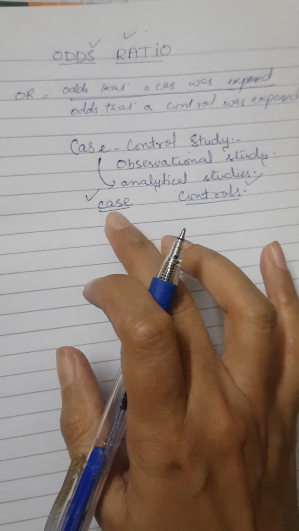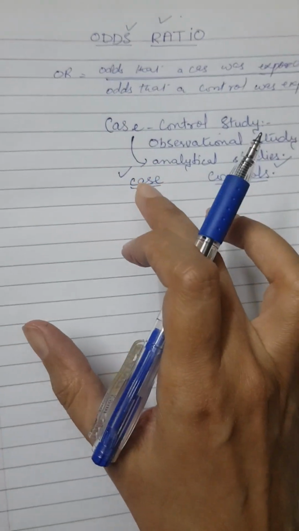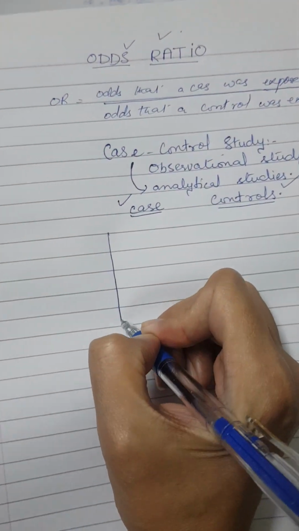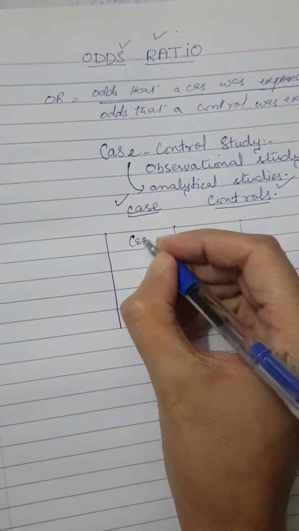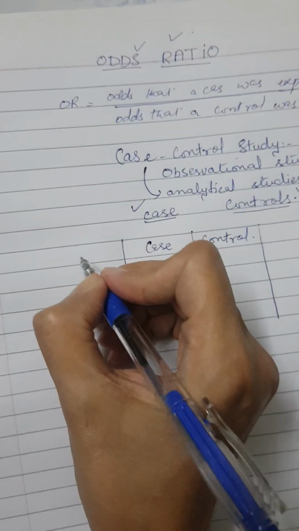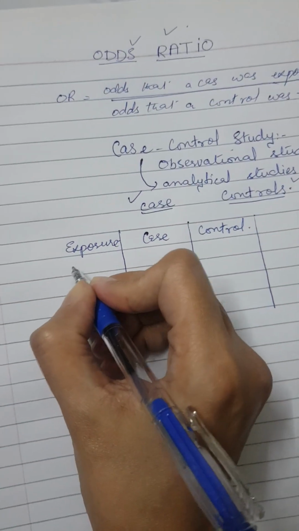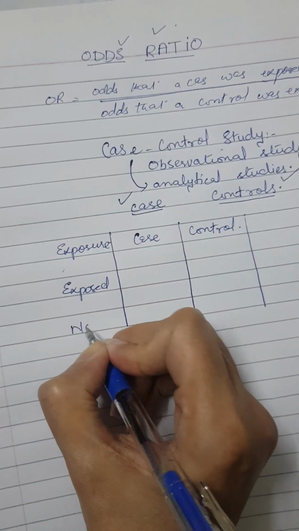So to understand the odds ratio in the context of case control study, first of all we will make a 2 by 2 very simple contingency table. Here is case, here is control, here we keep the exposure: exposed, not exposed.